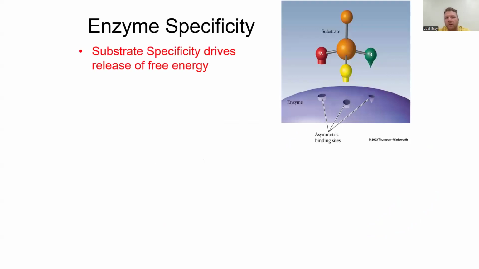Substrate specificity drives release of free energy. If we have a very, very specific enzyme, we might only have one substrate, whereas there are some enzymes, for instance hexokinase, which is capable of seeing any hexose. So it can bind to any 6-carbon sugar.